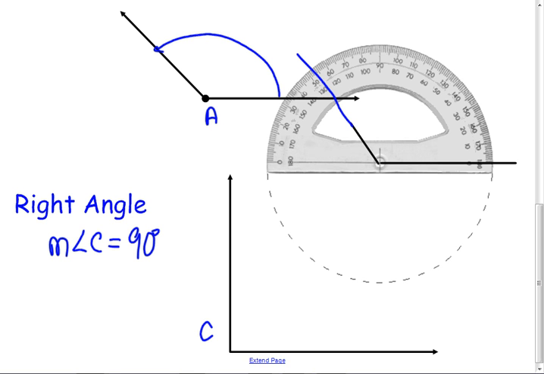Now, am I reading the inside scale or the outside scale? You're starting here, so you're going to do inside. So it's between 120 and 130. So there's 125. If you get 126, 127, that looks good.